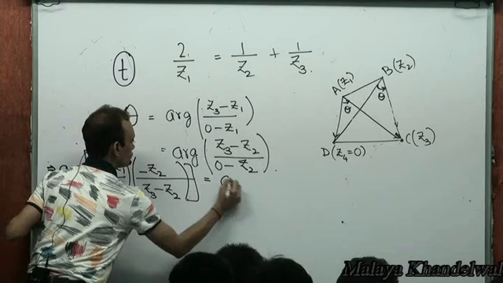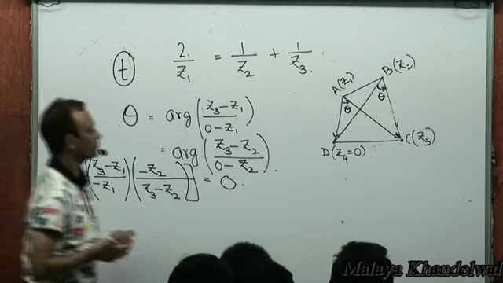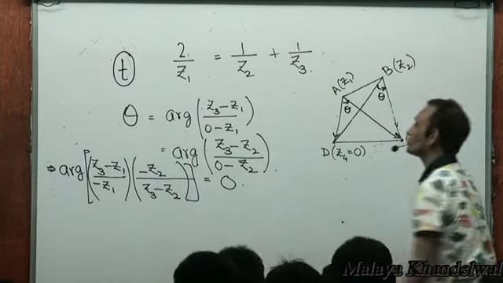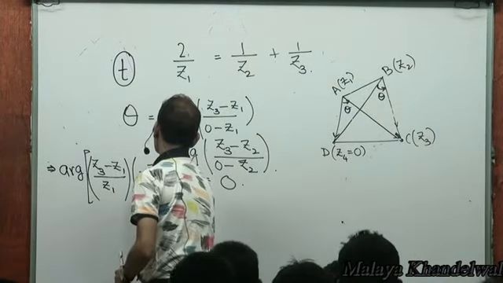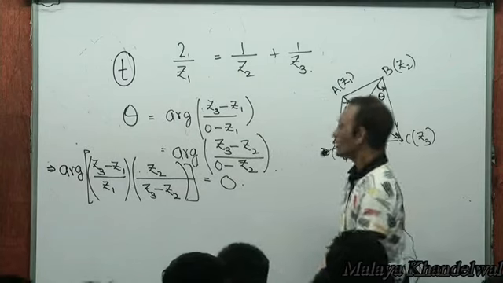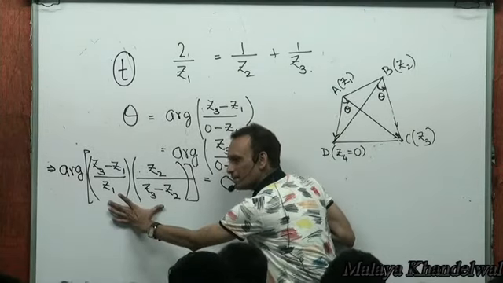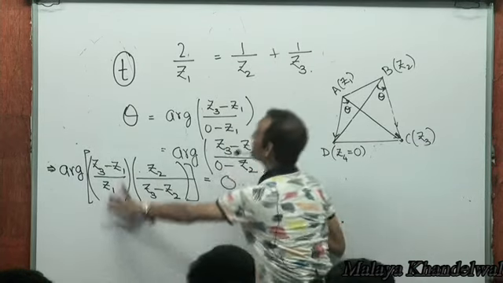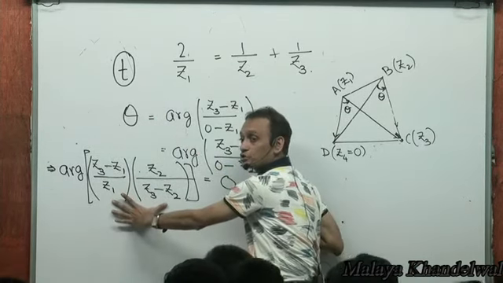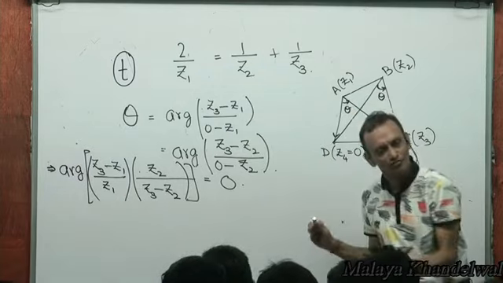This must be 0. What do you say? That means we need to show that this is a real number. Equivalently, we want to show that this is a real number. Given this condition, if I can show that this is real, then the problem is taken care of. Right?